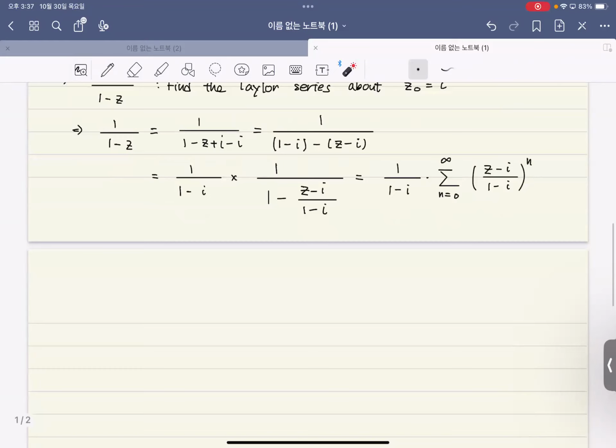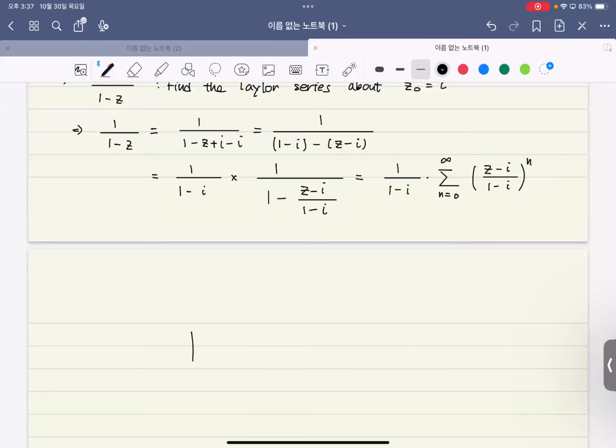And so this power series expansion is true if and only if this number, this common ratio, I really want to call this guy the common ratio of the geometric series, and the absolute value of this number should be less than 1, right?